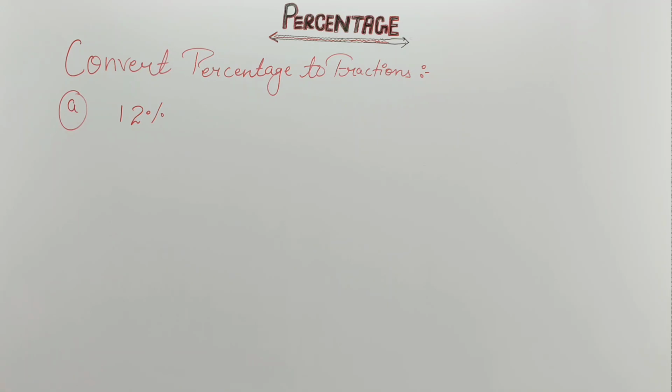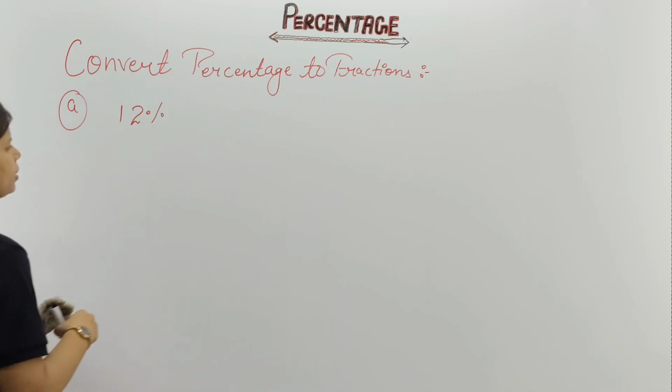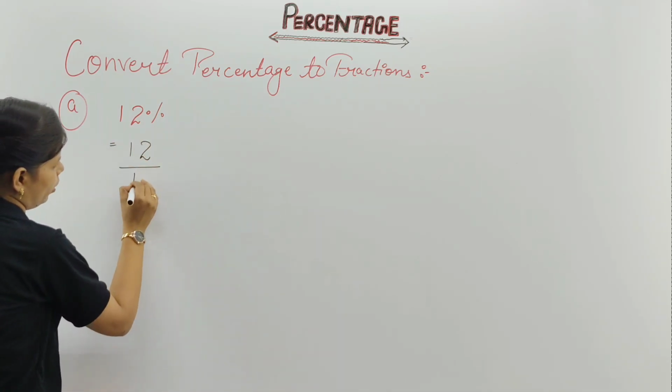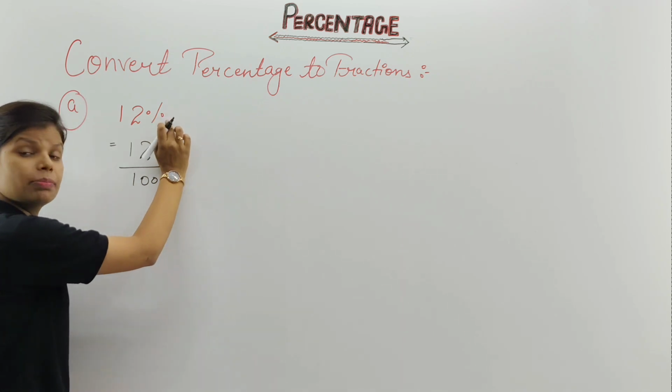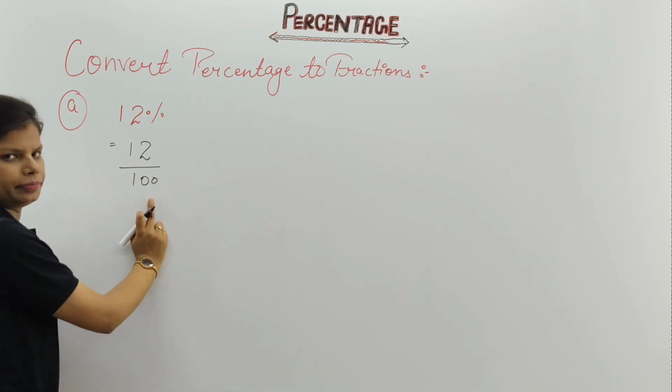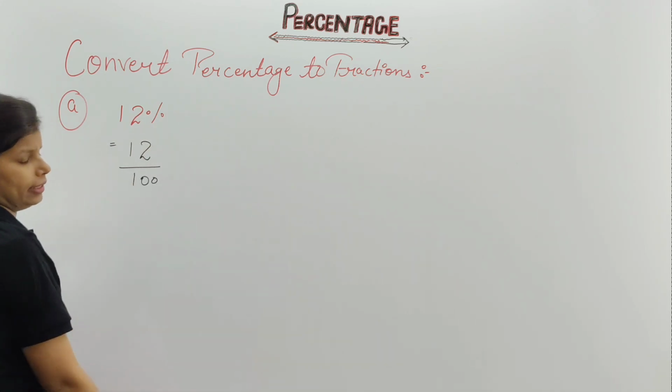Now 12% can be written as 12 upon 100. Now you have to reduce this side.